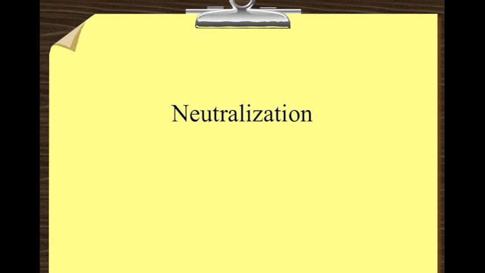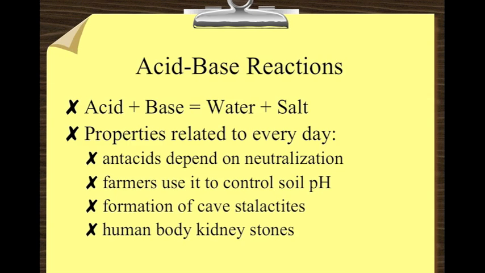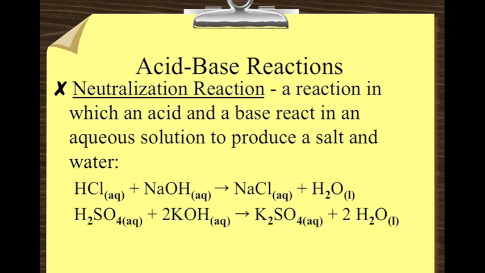We talked a little bit earlier about the neutralization reaction. What that is, it's an acid plus base equals water plus salt. Every single time we put an acid and base together, we get water and salt. This is just restating it and giving us some chemical equations. We have an acid and a base.